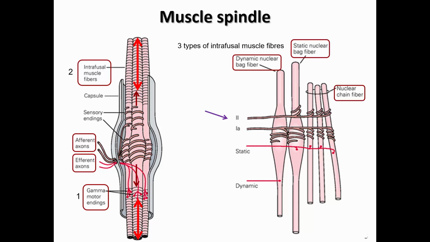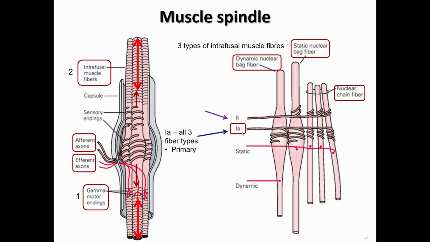The third type of intrafusal fiber are what are called simply the nuclear chain fibers. You don't see that enlarged equatorial region because the nuclei are dispersed throughout the entirety of that muscle cell, as opposed to being collected in the middle portion.